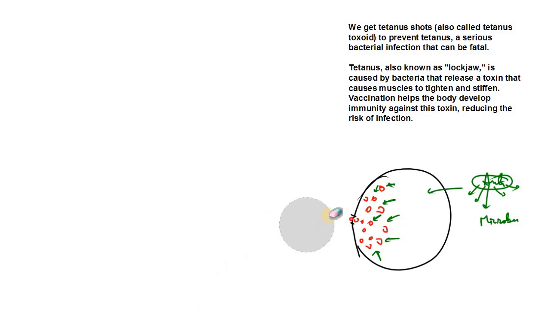Remember, last time I was telling you, suppose you are playing around and you get cut somewhere. What is happening is that from the cut some bacteria invades your body. That bacteria is very dangerous, and we have to take tetanus shots to prevent tetanus, which is a serious infection that can be fatal.